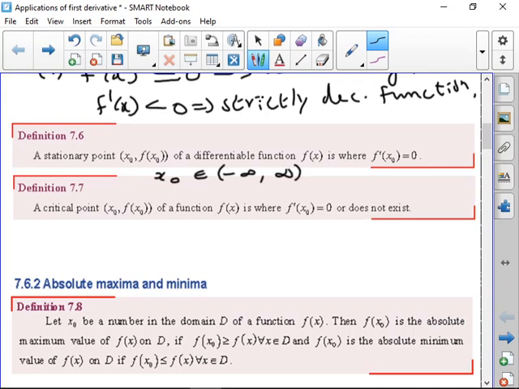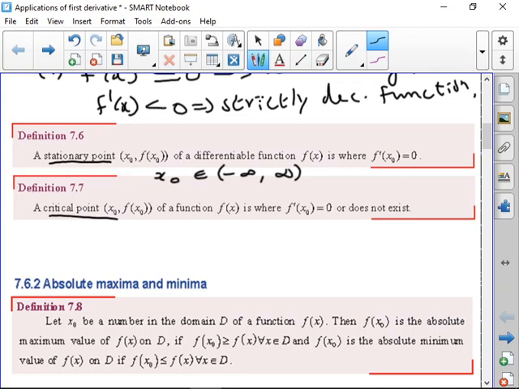If f dash of x naught is equal to 0, then we have the stationary point x naught comma f of x naught. So this is the stationary point. What about the critical point?